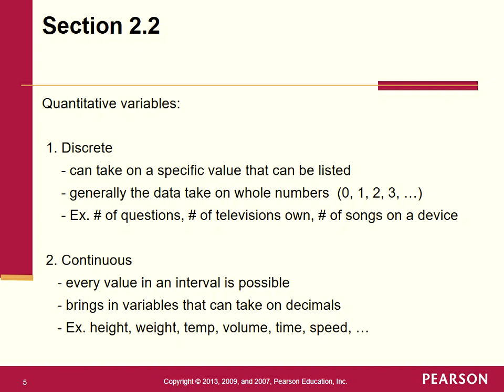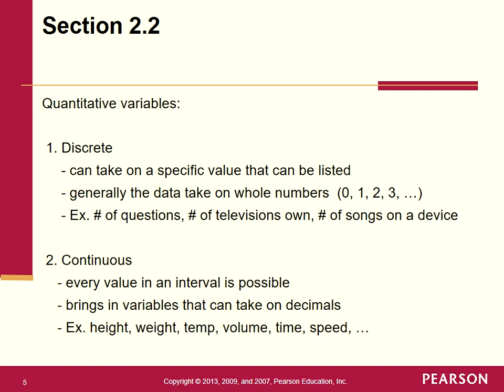Whereas if I said something weighs 12 pounds, that's fine. But it could also weigh 12.1 pounds. Does that still make sense? Yes. Could we say 12.13 pounds? Yes. 12.138 pounds? Yes. So as long as we can add another decimal to it, and it's probably going to be measured, it's continuous. It can take on any one of those values.